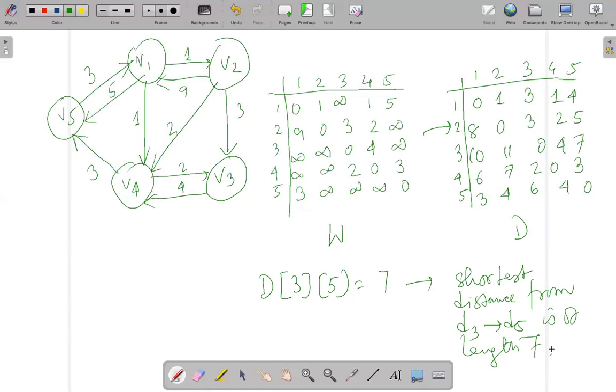In the left hand graph, if you see, the shortest distance from V3 to V5 will have a length of 7, going via V4.